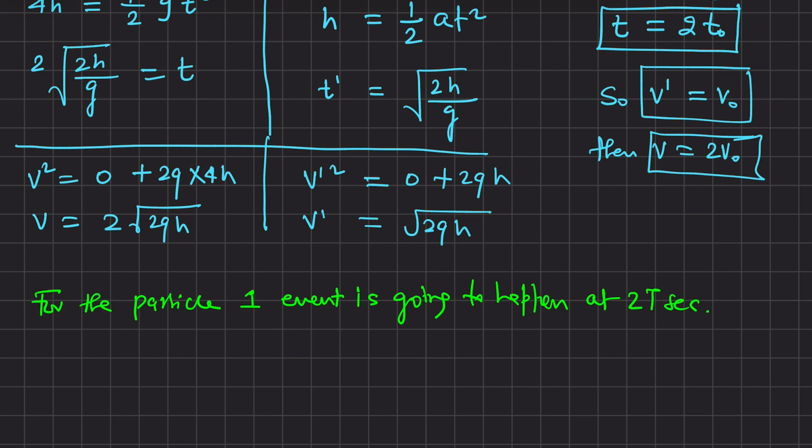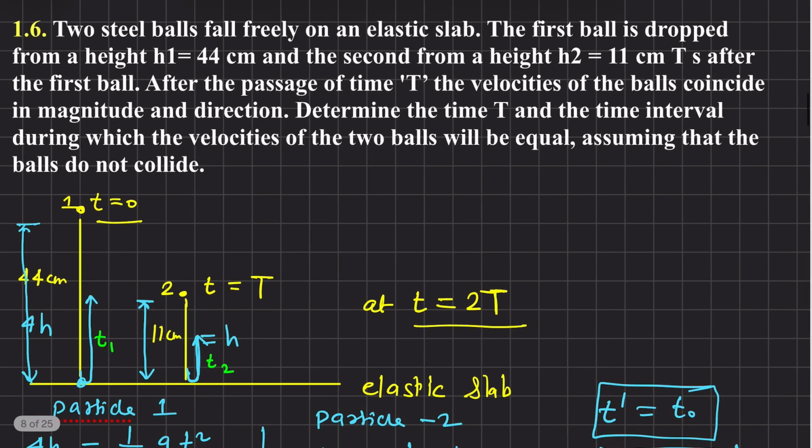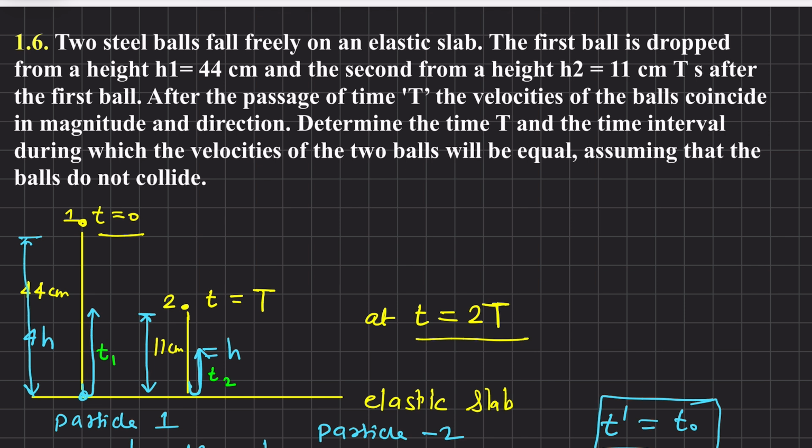Okay, because if you see, it is saying in the question that the second ball has been dropped t seconds after the first ball, so t seconds have already gone. And then after the passage of time t, the velocities of the balls coincide.